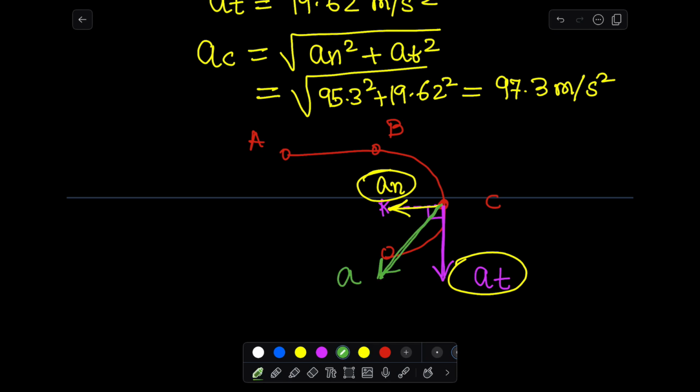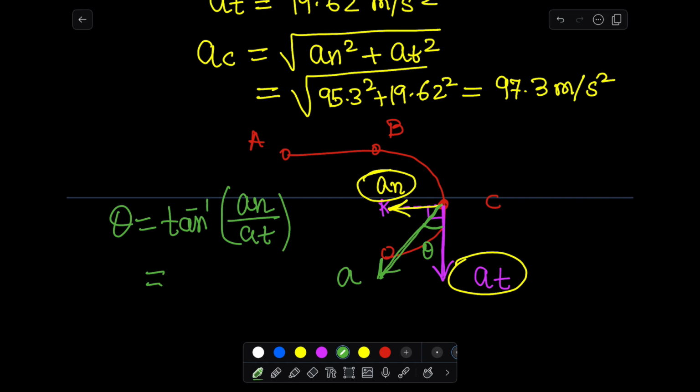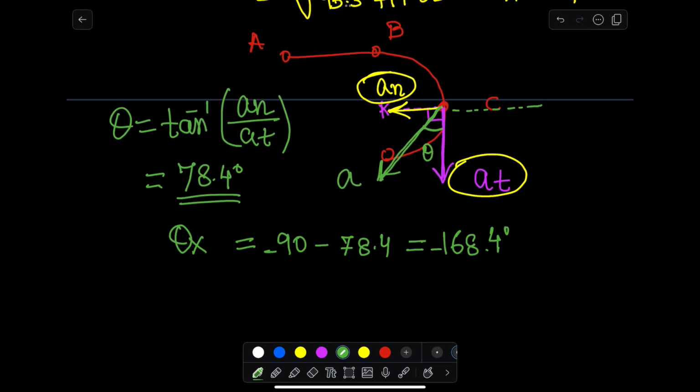The resultant acceleration is shown in green color and there is a theta. Of course, this theta can be calculated using tan inverse of an upon at. We have to calculate the angle with respect to the x-axis in clockwise direction.